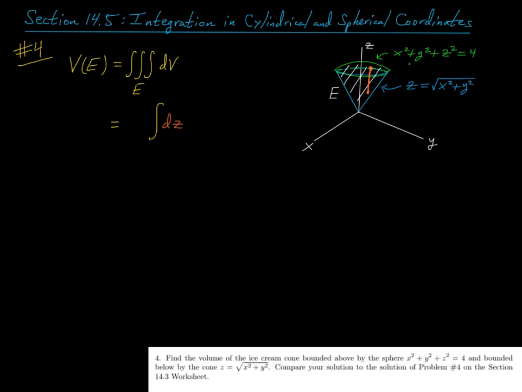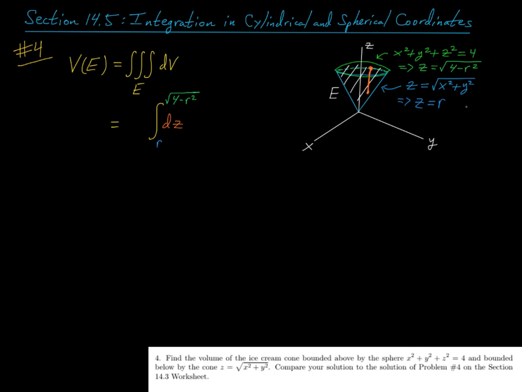Now, since we're going to use cylindrical coordinates, I'm going to rewrite the sphere and the cone equations in terms of cylindrical coordinates. Given that x squared plus y squared is equal to r squared in cylindrical coordinates, z for the cone is just r itself. And then for the sphere, noting that we're looking at a portion of the top half of the sphere, solving for z, I want to use the positive square root, and I get the square root of 4 minus the quantity x squared plus y squared.